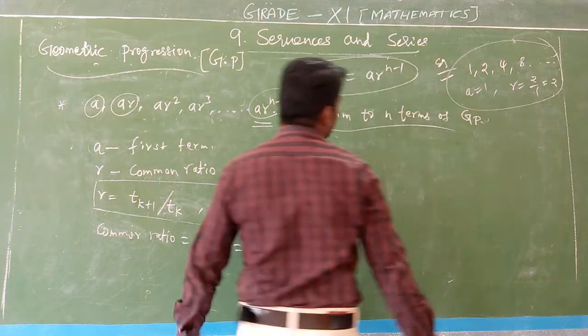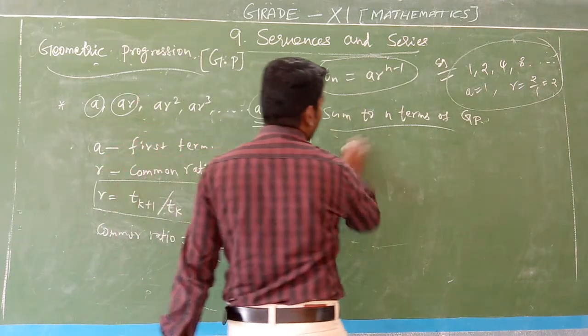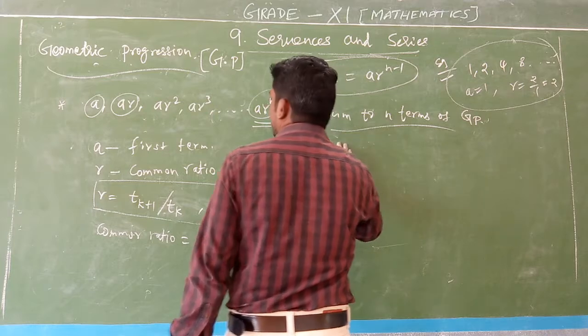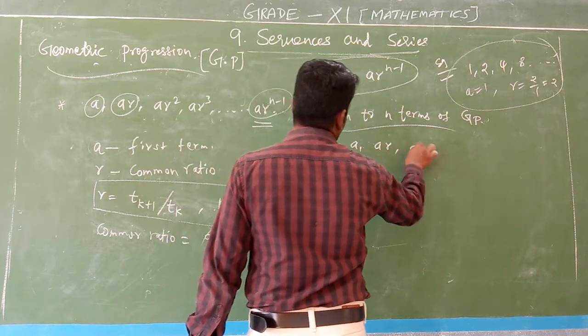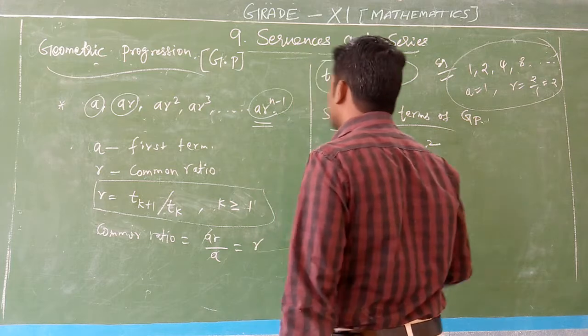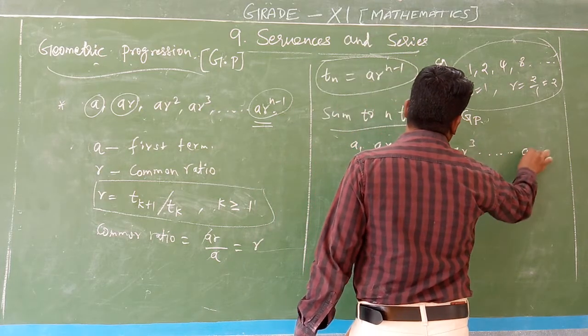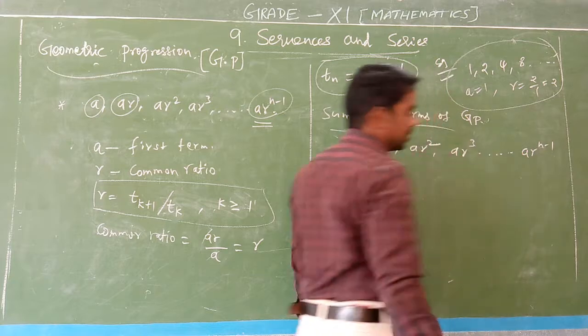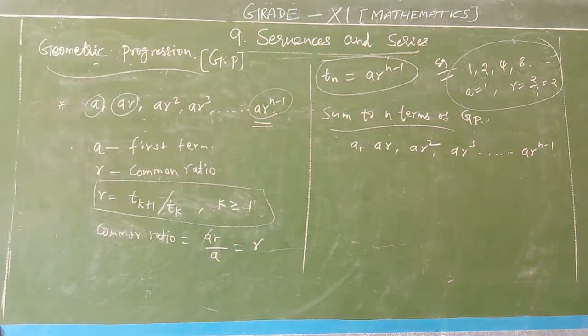Okay, sum to n terms of GP, geometric progression. Let's consider a finite sequence: a, ar, ar squared, ar cubed, and so on, up to ar power n minus 1.